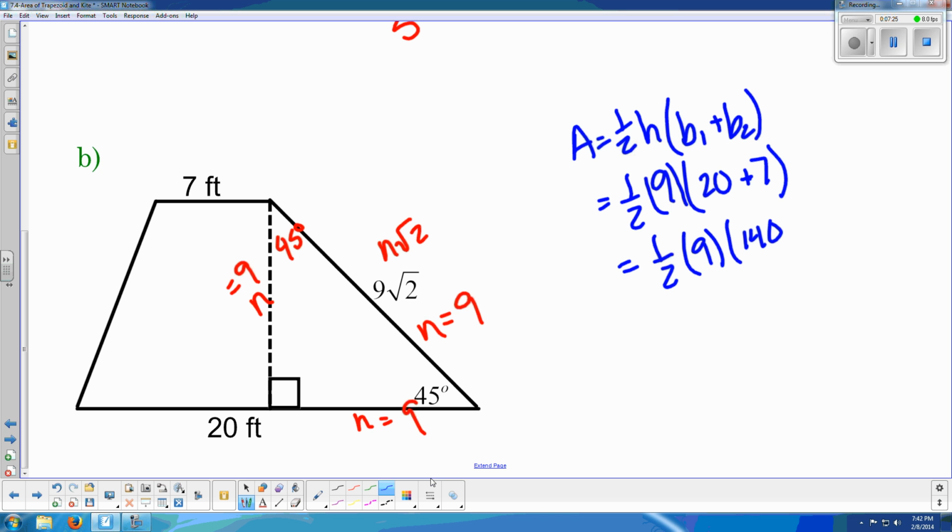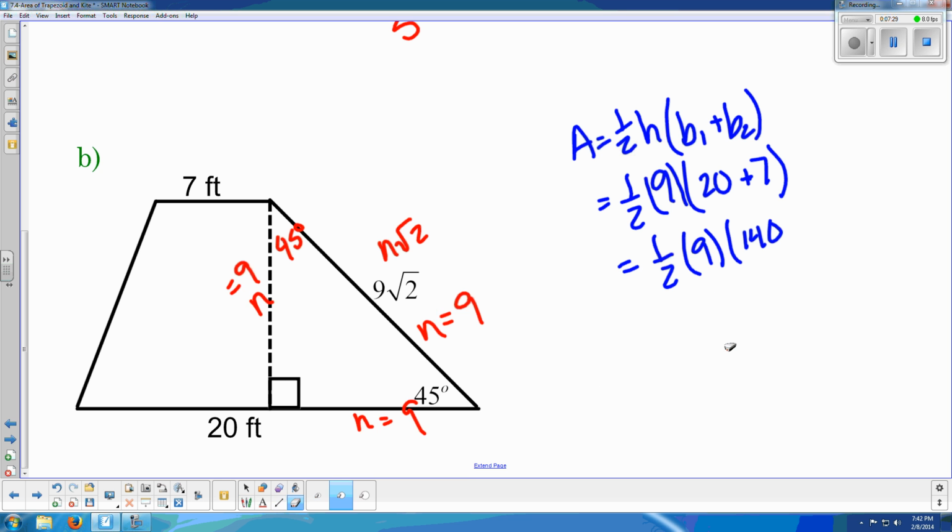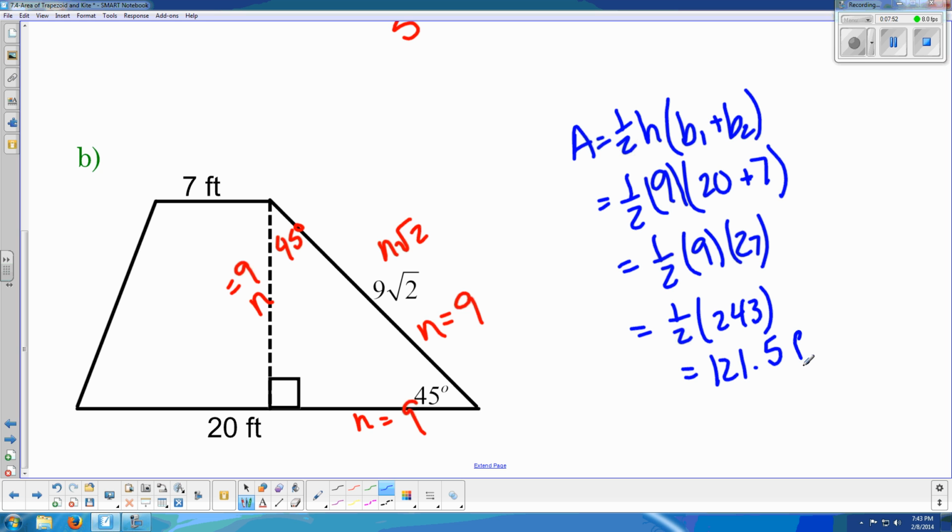Sorry. So I have plus, let me erase 140. Okay, so then I have 9 times 27. Now, 9 times 27 is 243, and half of 243 is 121.5, and our label is feet squared.